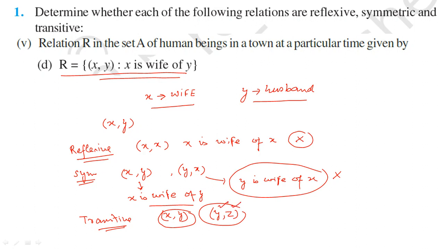Because I am changing the gender of Y here. It means this one is again not feasible. All the conditions are not satisfied. If I am summarizing this one, reflexive, not true, symmetric, not true, and transitive, not true. All the three conditions are not there inside this problem.